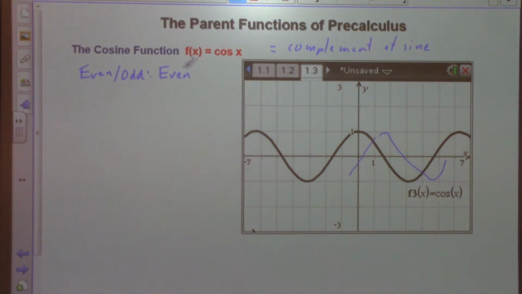And so for this function, the only thing that's different is odd versus even. Every other attribute is exactly the same. Okay? And so you can just write down everything else same as sine right here. I don't want you to spend a lot of time writing for this one. Are you okay on that? Everything else same as sine.